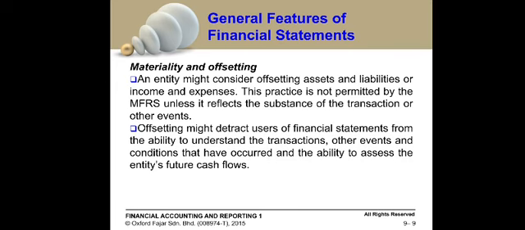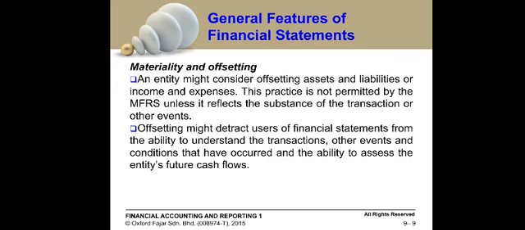You have to show everything. You have to show company A owes company B 50,000 in the liability, and in the asset you have to show company B owes company A 40,000. You have to show both. You cannot offset.